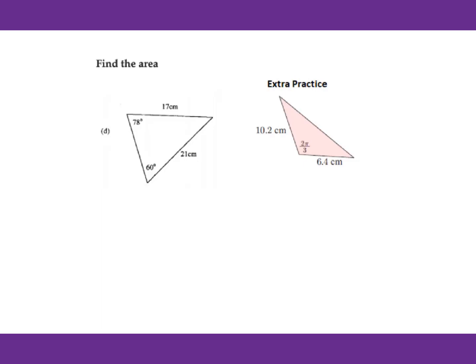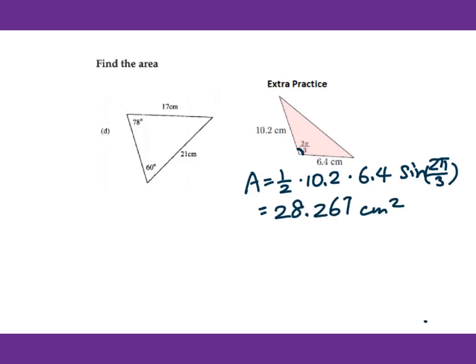If you are given the included angle in radians, make sure when you put it into the calculator, you set the mode to radian. So we got the area equals 1/2 times 10.2 times 6.4 times sine 2 pi over 3, which is 28.267 centimeters square.